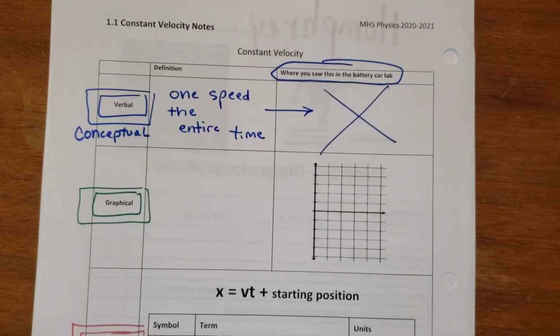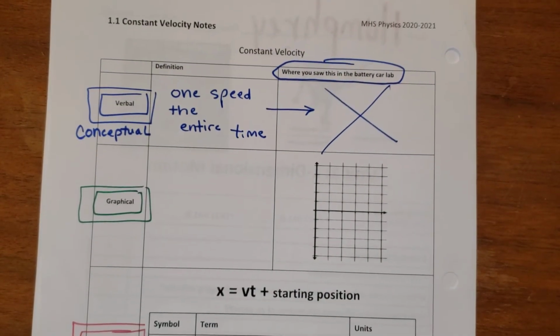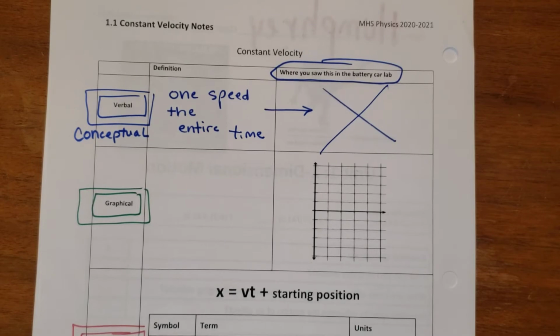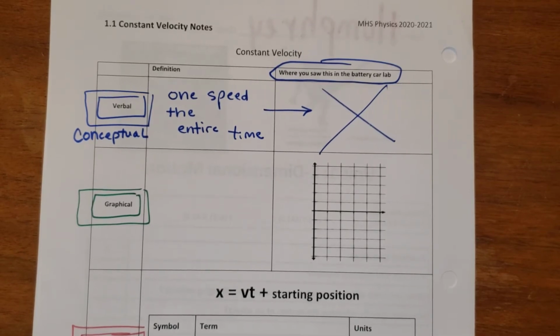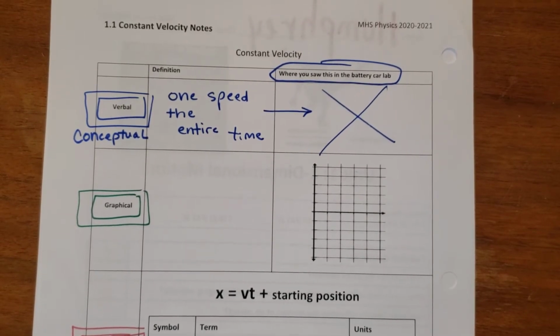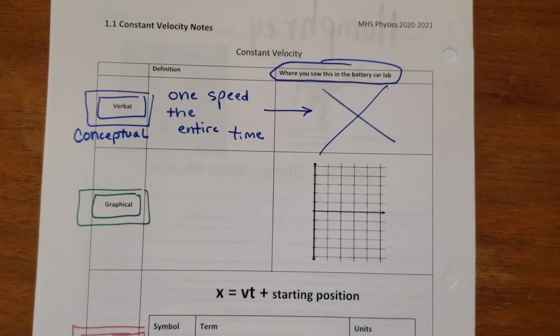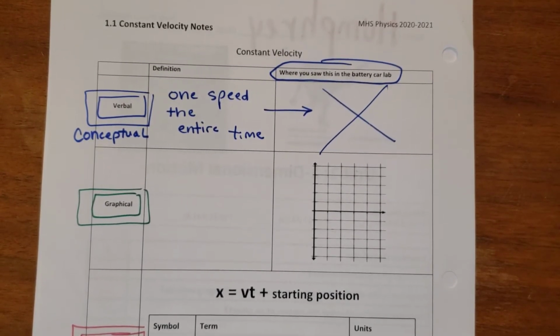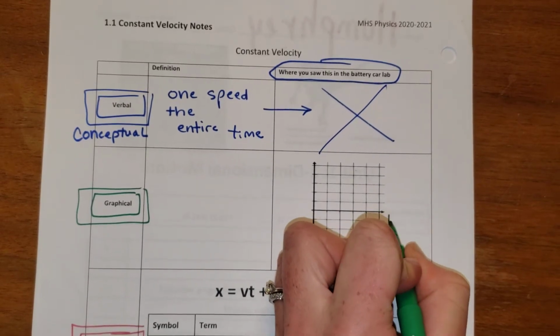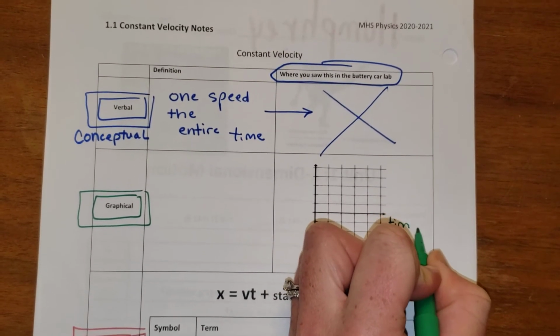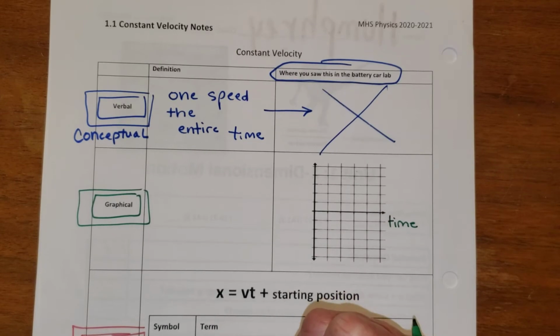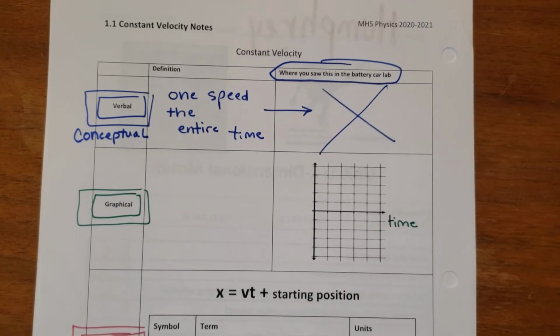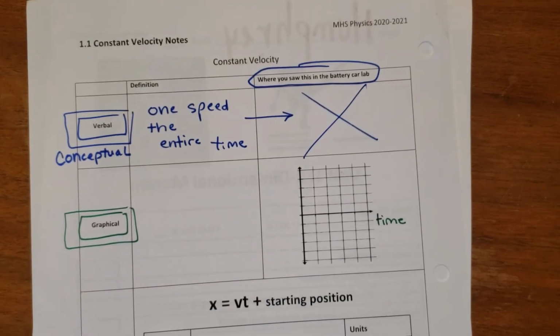All right, we're on to the graphical section, so I'm grabbing my green pen. And when we're thinking about graphing our constant velocity, what we're going to see is a couple different things. First off, we got to talk about some graphing basics. We're going to do a lot of graphs this year, and time is always going to go onto the x-axis. And we'll have different graphs where we'll have distance on the y-axis.